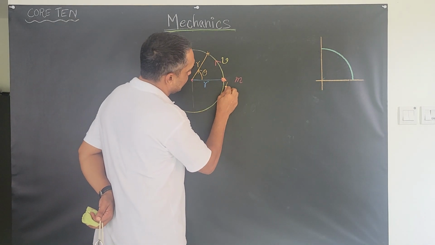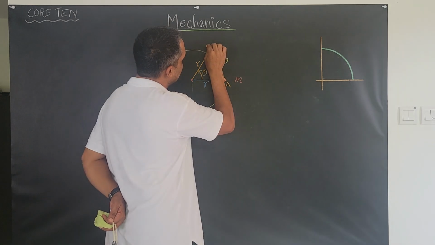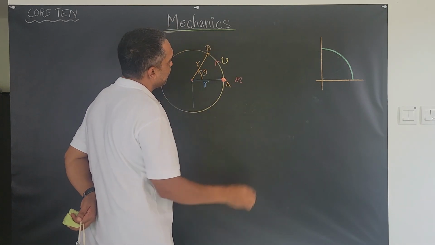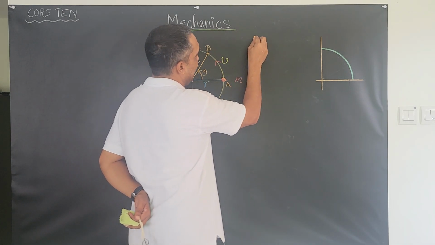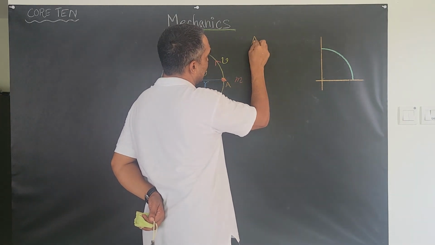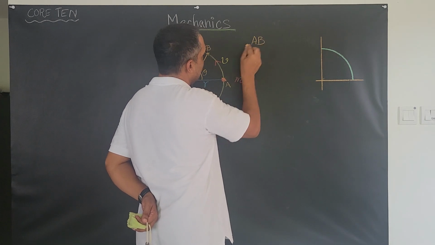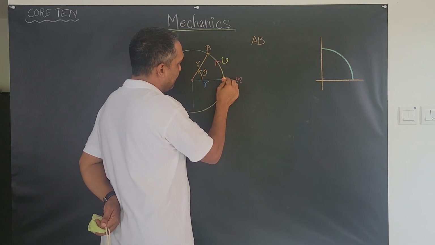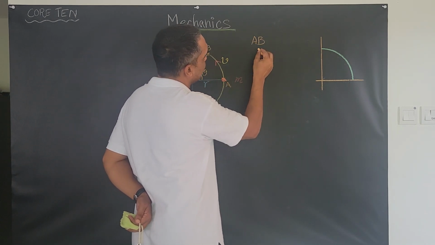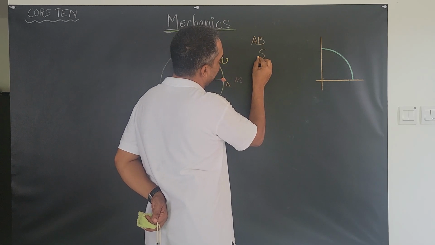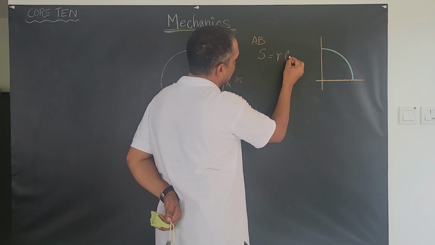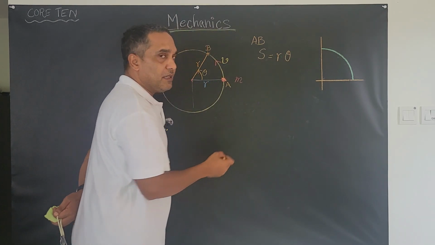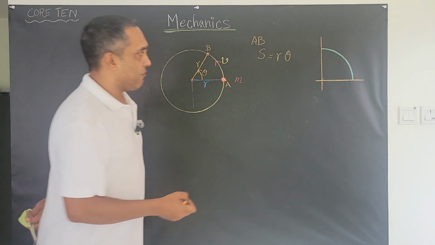If I define this as A, and this as B, we know that the distance AB, not the straight line, but this arc, is a distance of s, and that can be written as r times theta, but mind you, theta is in radians.